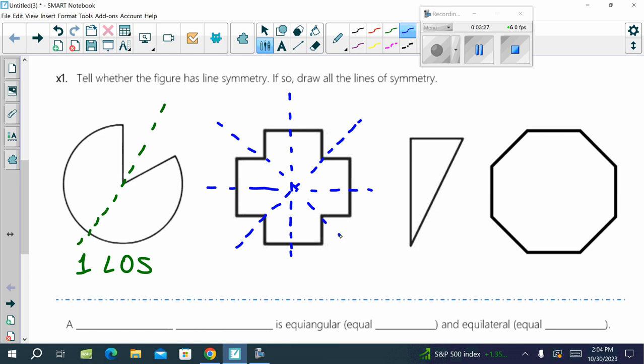So that would be 4 lines of symmetry. What about the right triangle? Does that thing have any lines of symmetry? No. So this is no lines of symmetry.